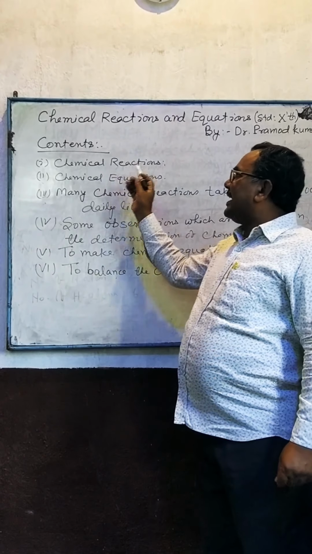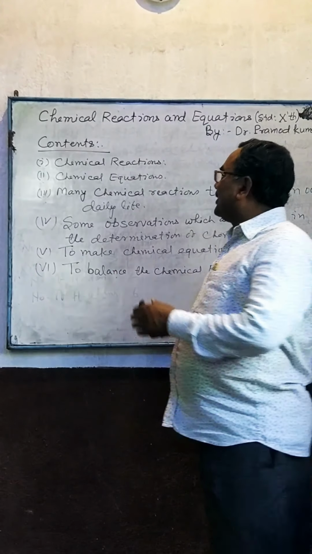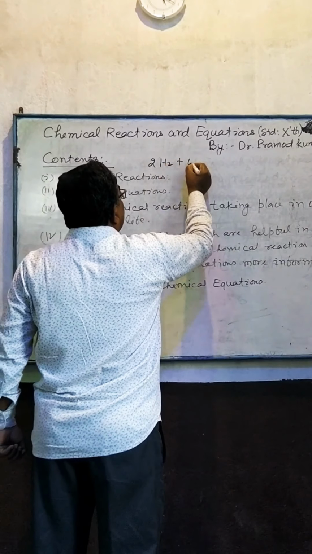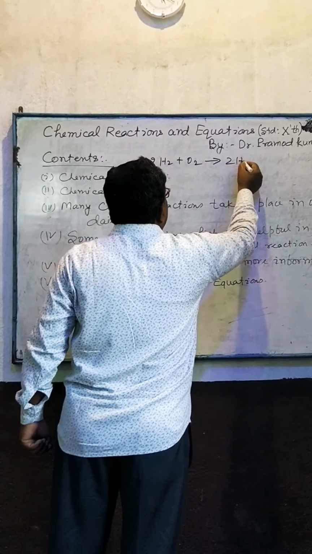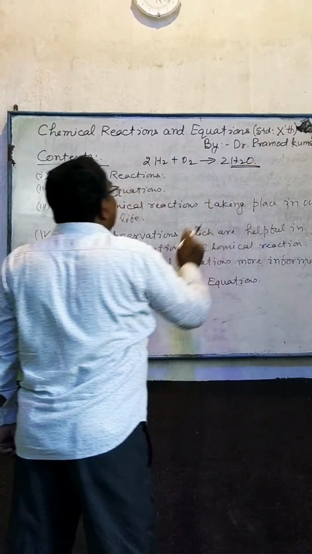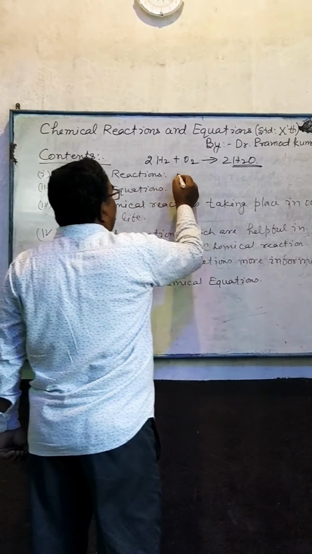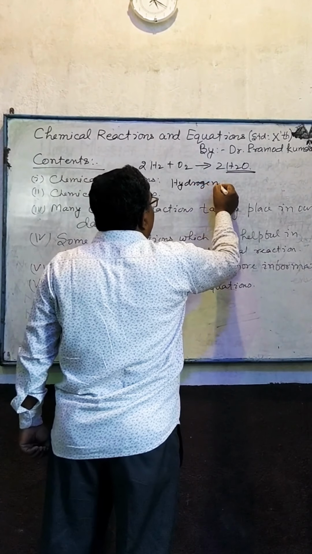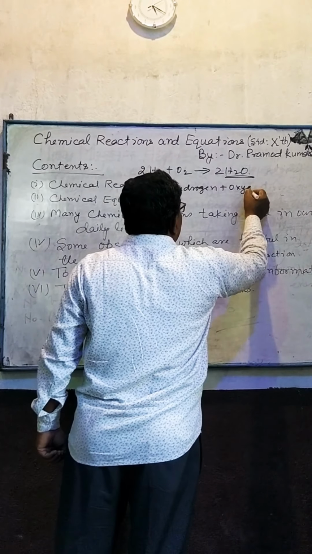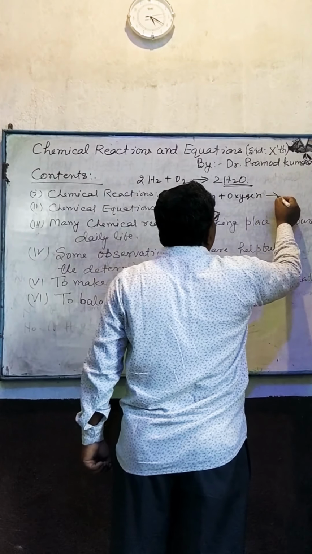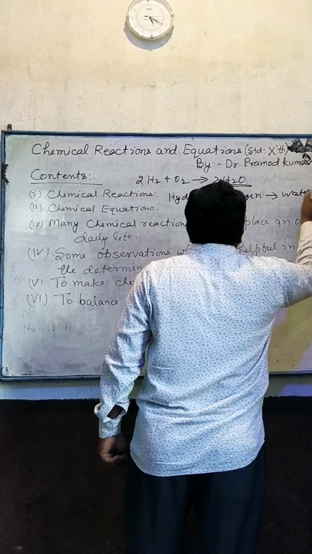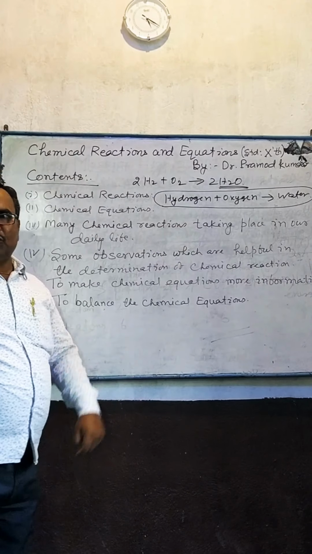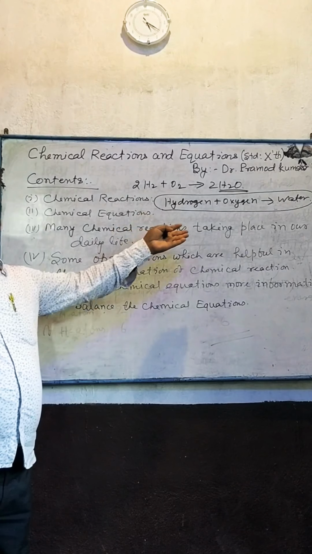First of all, we consider a chemical reaction, for example, 2H2 plus O2 forms 2H2O. It is a chemical reaction. But if you write it as hydrogen plus oxygen forms water, this is a chemical reaction, but it is not a chemical equation because it has been written in language.